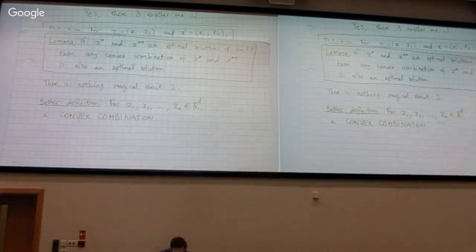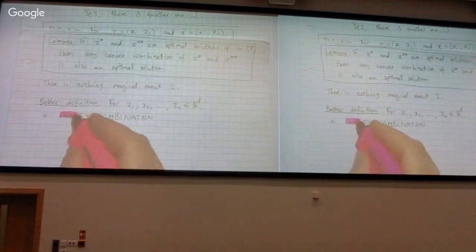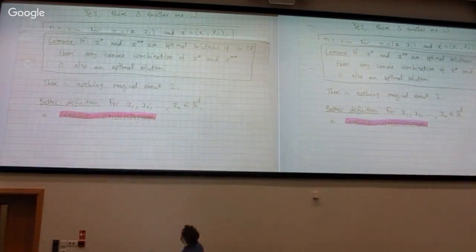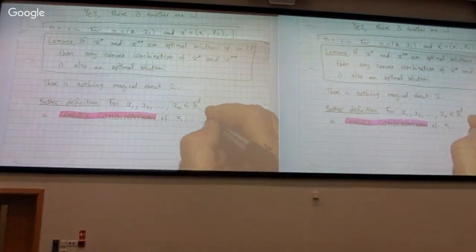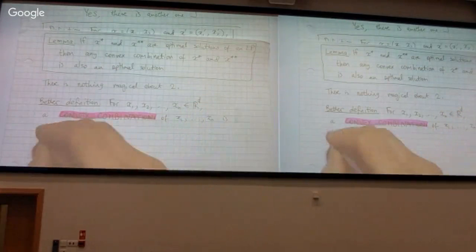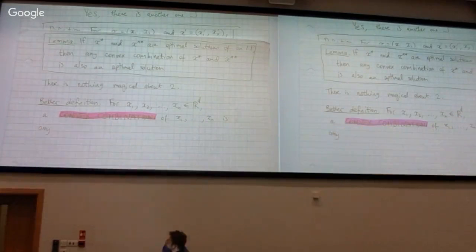A convex combination of x1 to xn is any point or vector.